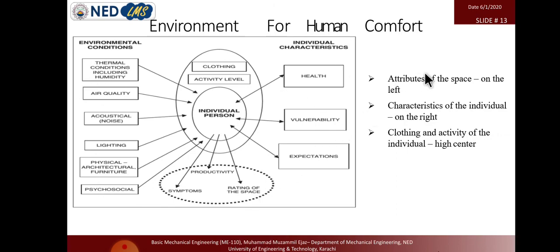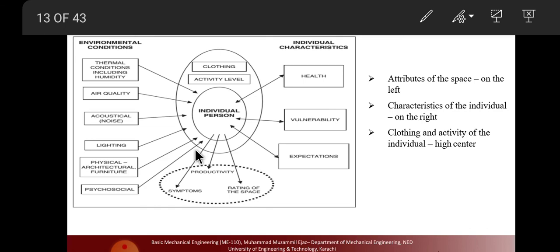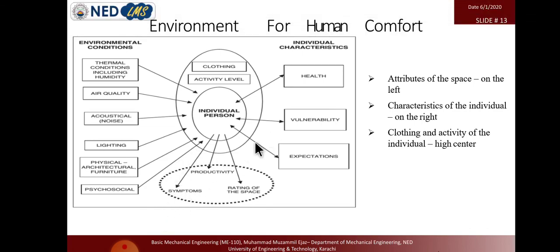So the left side gives the attributes related to the space, the right side gives the attributes of the individual person, the characteristics that become their part, and clothing has its own decision making. So these are the characteristics.